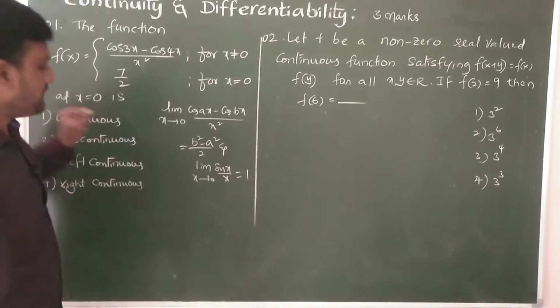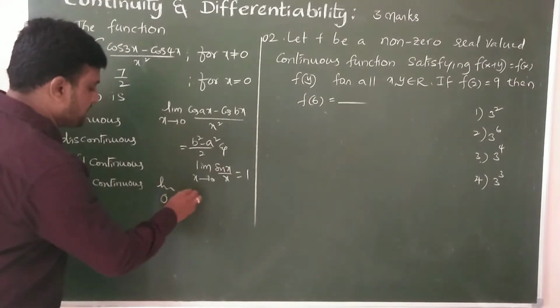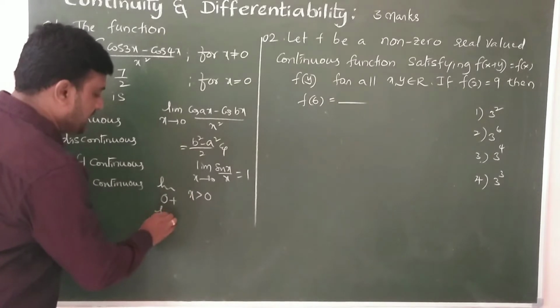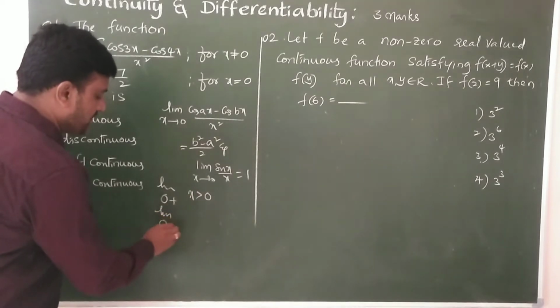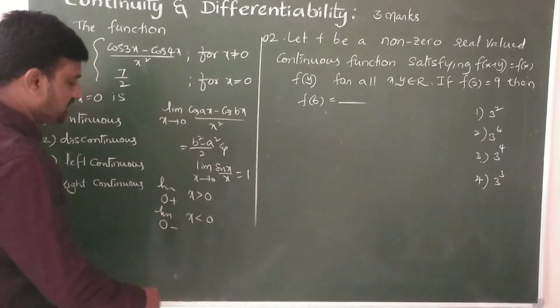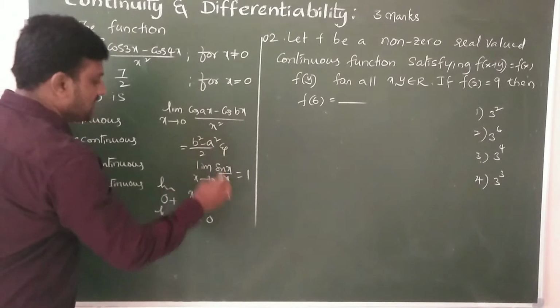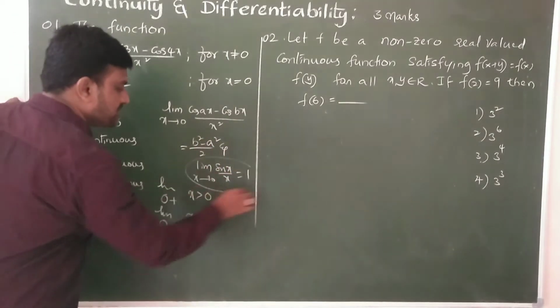Then we need limit x tends to 0 plus, that means x greater than 0, and limit x tends to 0 minus, that is x less than 0.